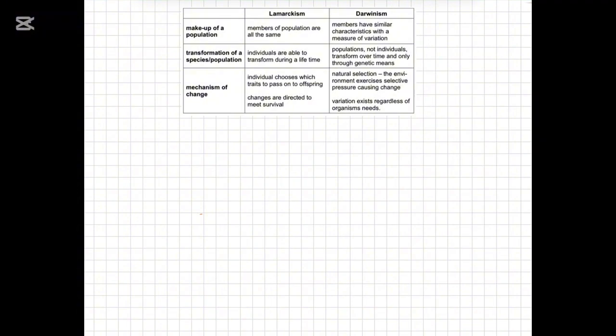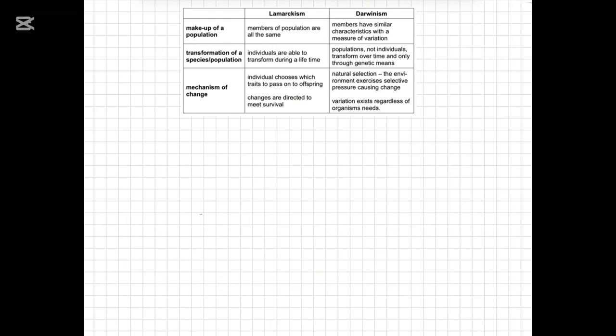So with Lamarck, they change because they want to. But with Darwin, they change through natural selection because of environmental pressures. So the changes in the environment allow the organism to genotypically change. And I think with both of them, the characteristic is passed on to the offspring.